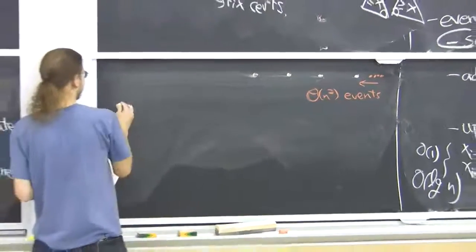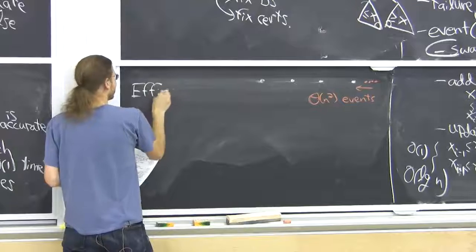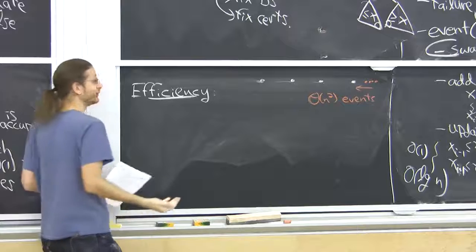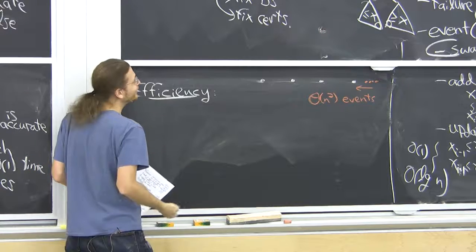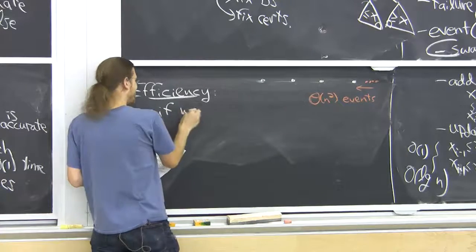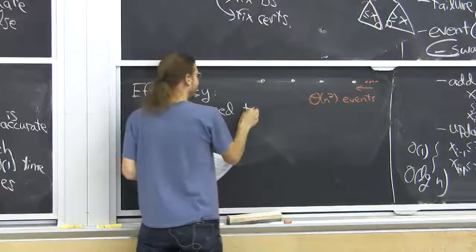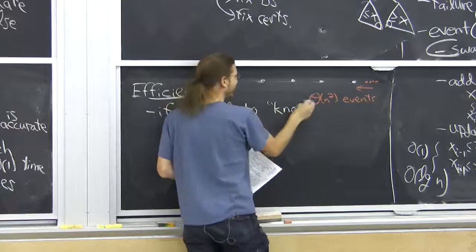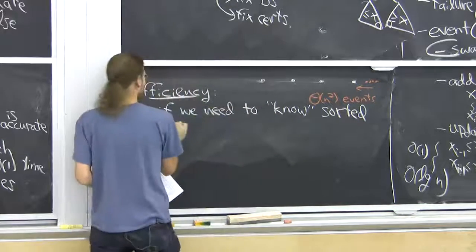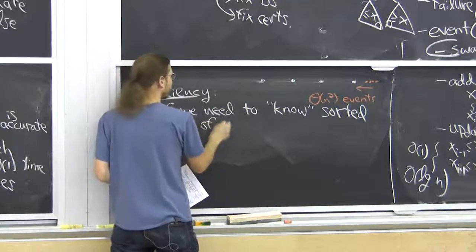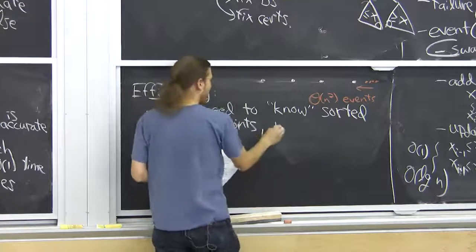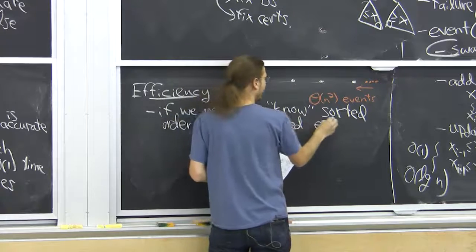I call this OK. Why? Because of efficiency. The claim is this is sort of the best you could hope to do. So in that sense, it's as good as you can hope to do. If you want to maintain predecessors, let's put it this way. If we need to know, is a sort of vague thing, the sorted order of the points, then you need an event.